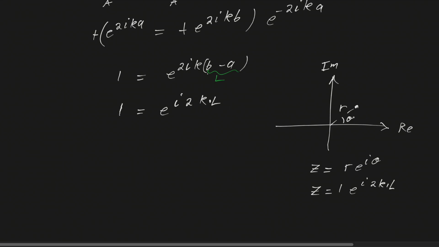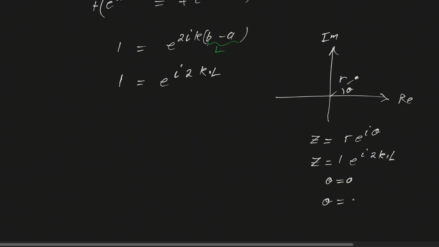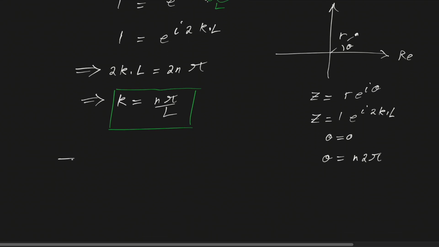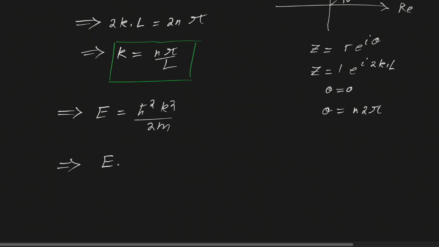That means the theta must equal 0, or theta must be some integer multiple of 2 pi, which implies that 2kL must equal 2n pi, which implies that k is equal to n pi over L. That is, we've determined our k values, which appear to be quantized, and from k we can infer that E is equal to h bar squared k squared over 2m, which in turn implies that E sub n equals h bar squared divided by 2m, n pi over L, all of it squared.